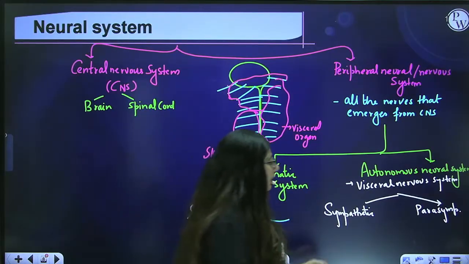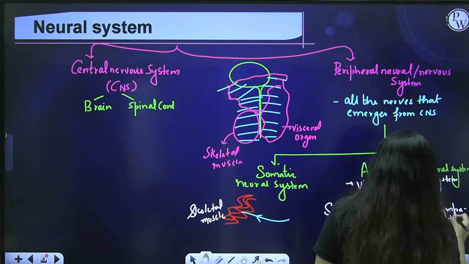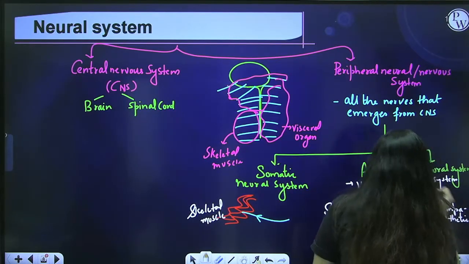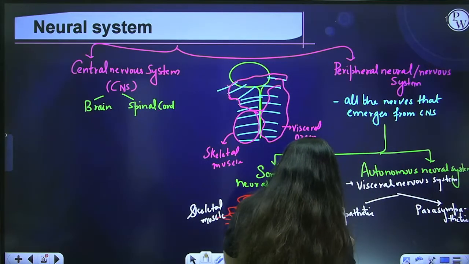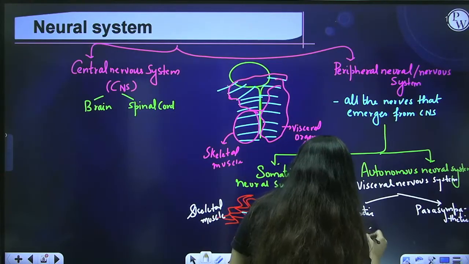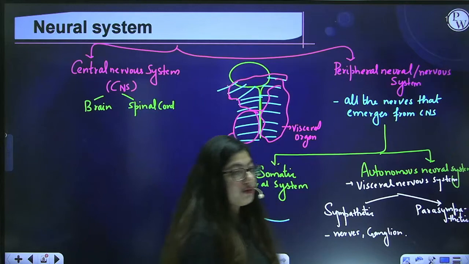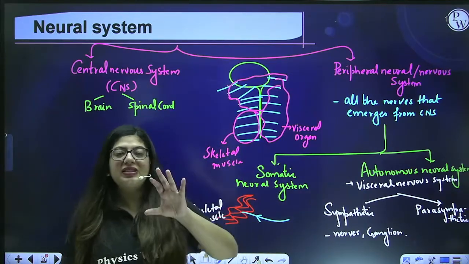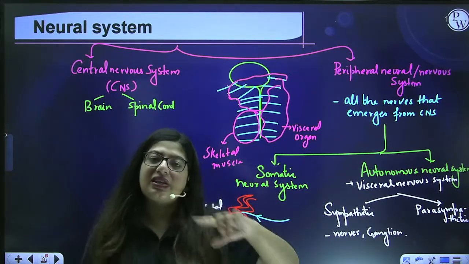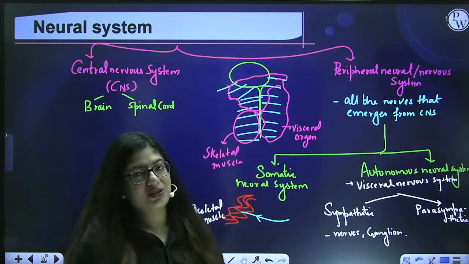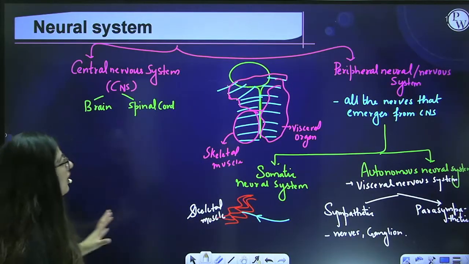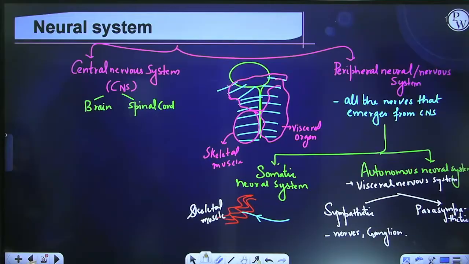This autonomic nervous system includes a lot of nerves, ganglion and visceral organs, obviously. This entire structure we'll discuss in detail when we discuss the autonomic nervous system. All right, so that's your entire classification of nervous system, guys.